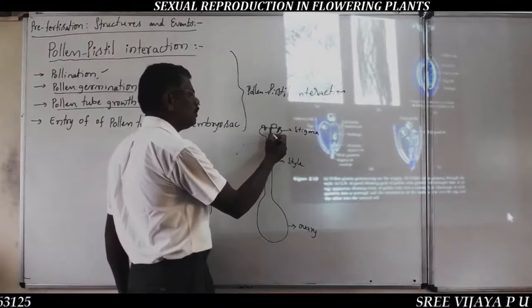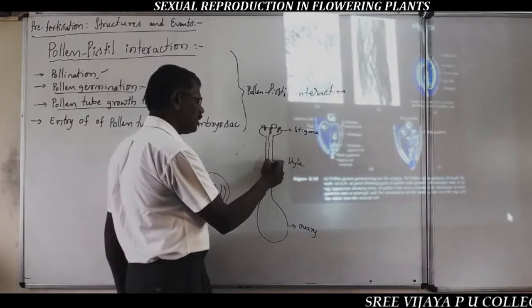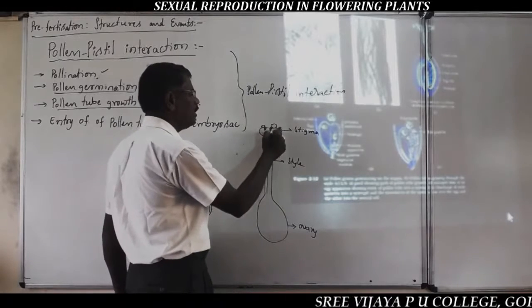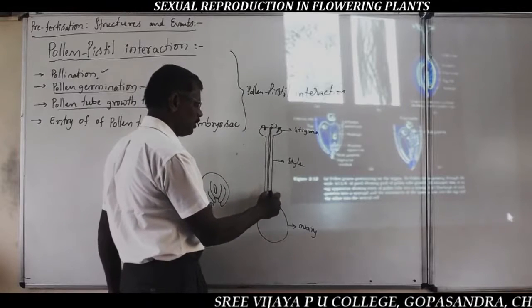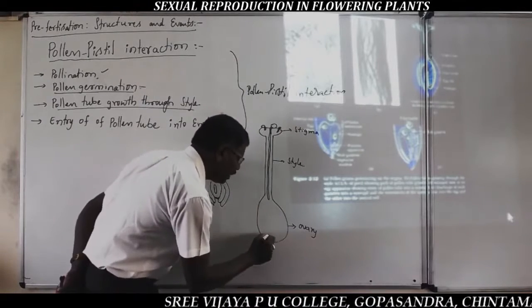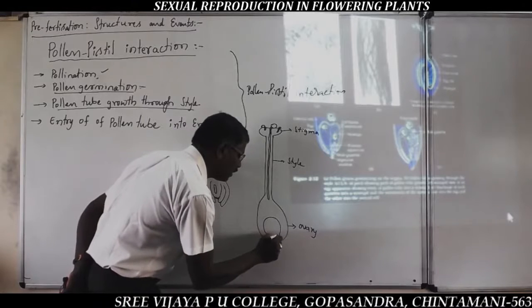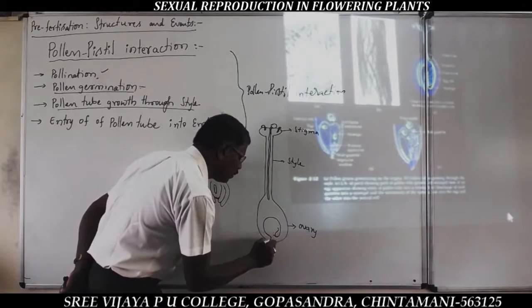This pollen tube grows towards the ovary, as in the ovary there is the presence of the ovule.